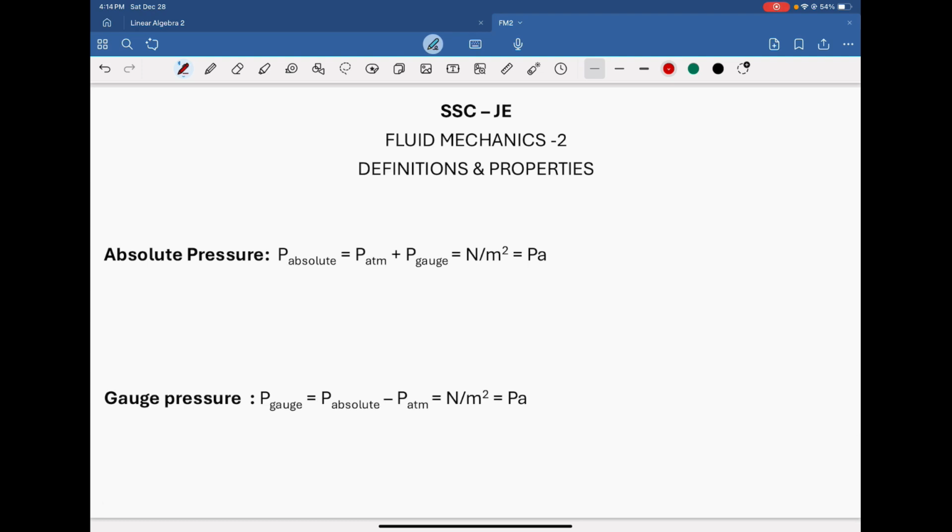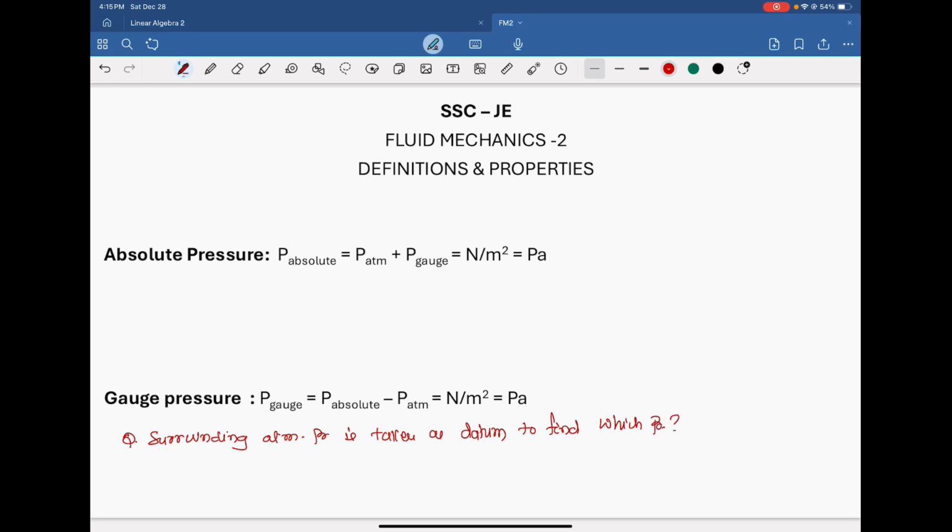The question is, surrounding atmospheric pressure is taken as datum to find which pressure?